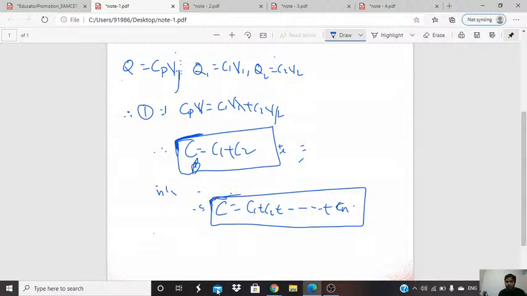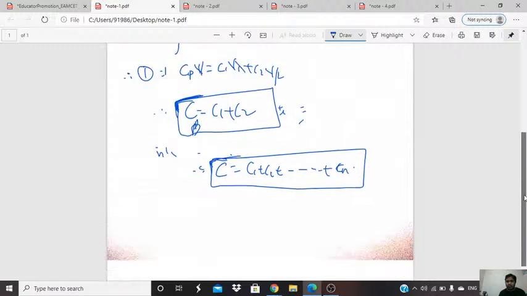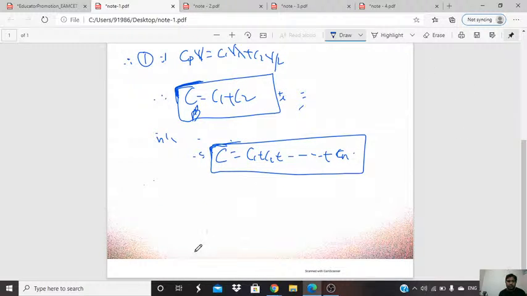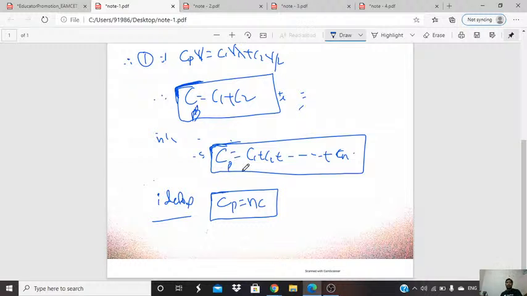And next, in case of identical capacitors, C equal to C plus C plus C, that is n into C. This is the parallel combination. Okay, so this is about parallel.